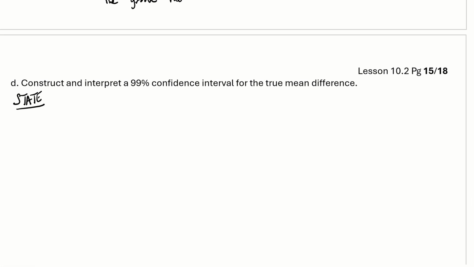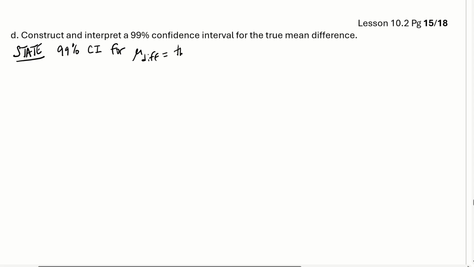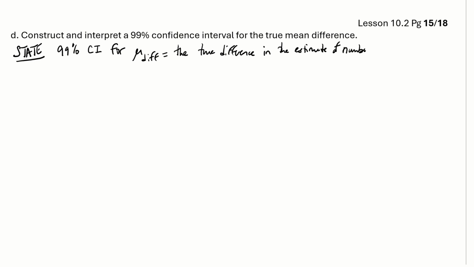So what are we trying to do? We're trying to do a 99% confidence interval for mu difference, which is equal to the true difference in the estimate of number of miles driven.